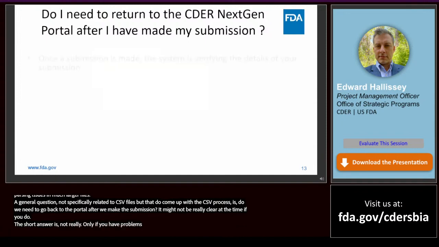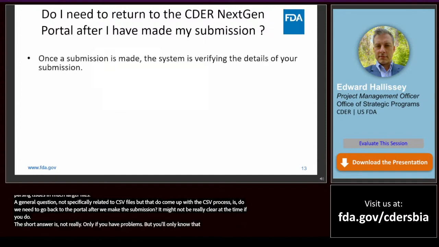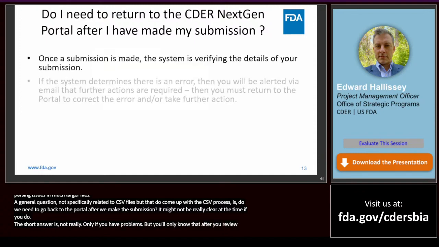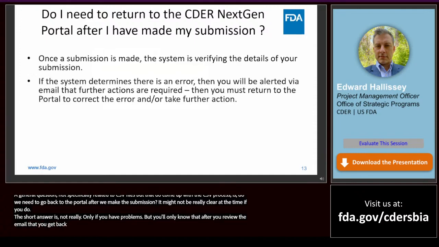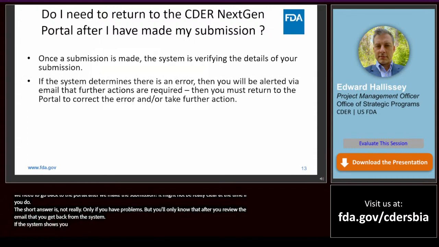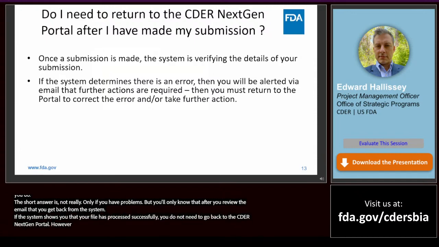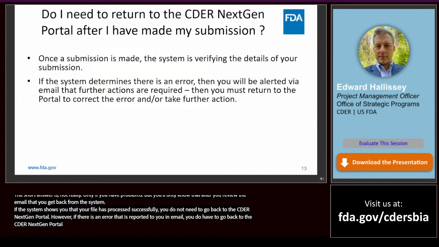But you'll only know that after you review the email that you get back from the system. If the system shows you that your file has processed successfully, you do not need to go back to the CDER NextGen portal. However, if there is an error that is reported to you in email, you do have to go back to the CDER NextGen portal and correct the error.